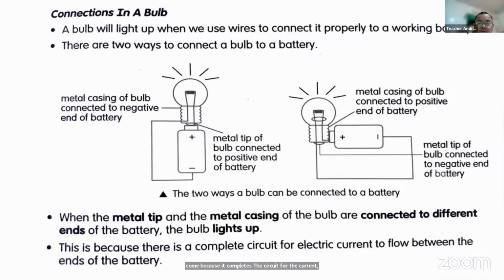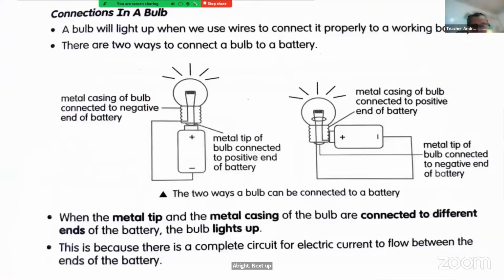Current must flow from the plus sign to the negative sign of the battery in order for the circuit to be complete. If you put the wire at any points, the battery will not be able to complete the circuit. All right. Next up.